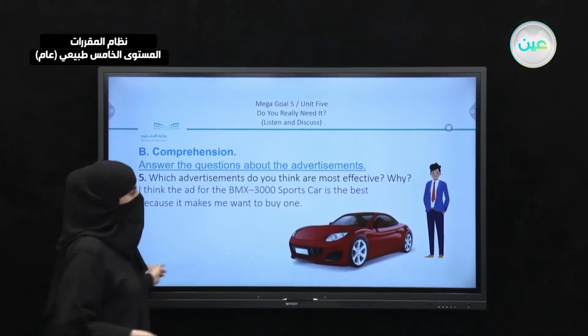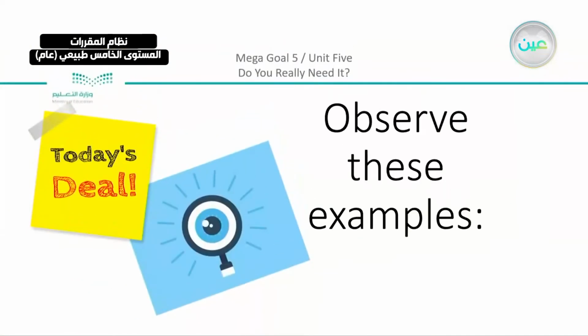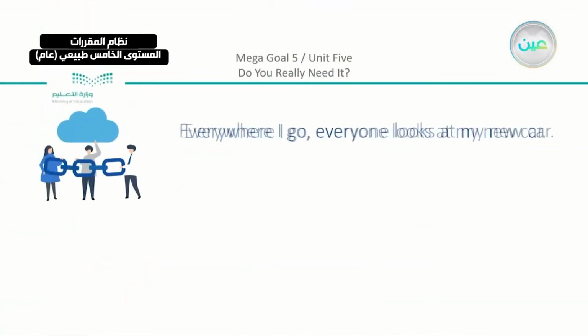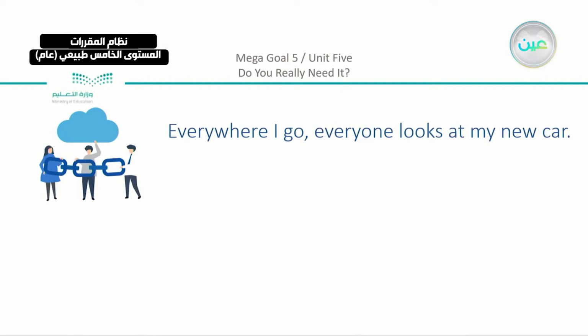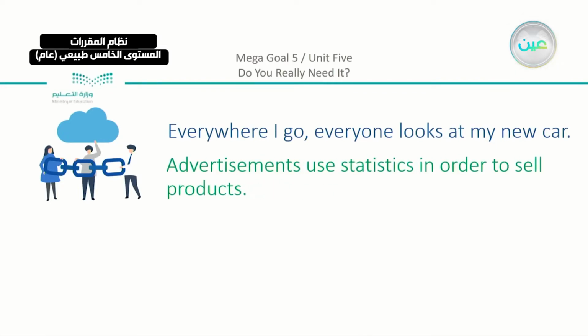So we're going to close up this part and observe these examples. Now we have our examples. Everywhere I go, everyone looks at my new car. Advertisements use statistics in order to sell products.